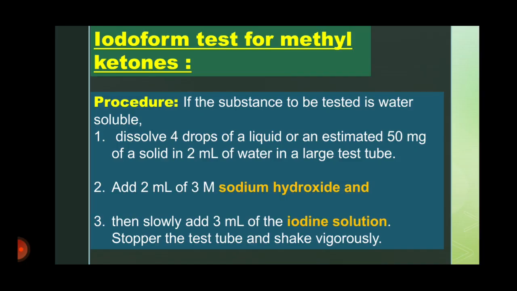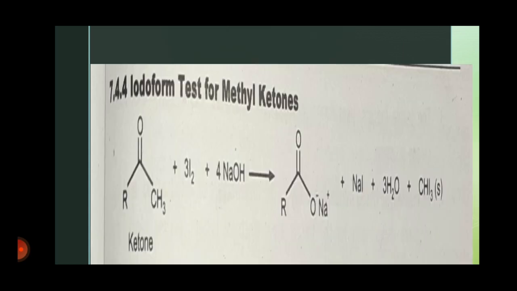Then the third test is the iodoform test for methyl ketone. The iodoform test basically indicates the presence of a methyl ketone in our compound. If the substance to be tested is water soluble, dissolve 4 drops, and if it is a solid, add 50 milligram in 2 ml of water in a large test tube.